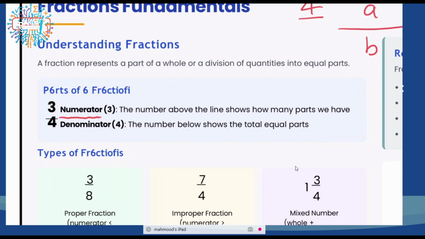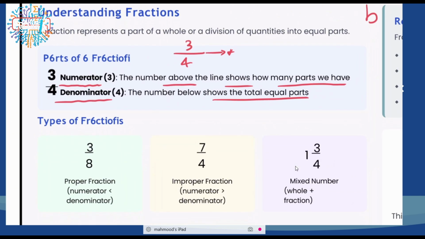This number above the line shows how many parts we have. Another number underneath this line is the denominator. This number below shows the total equal parts. Again, remember that I'm trying to divide two numbers side by side.